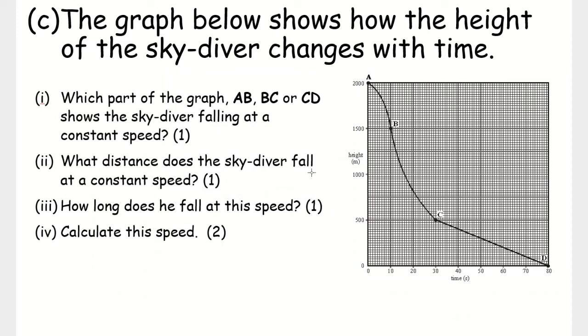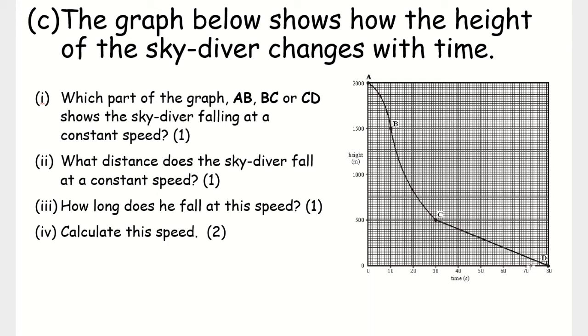Okay, this is a distance time graph. And on a distance time graph, you should have learnt that the gradient of a distance time graph gives you the velocity. Now we've got three sections here. This part is curved. BC is also curved, but from C to D, that is a straight line.